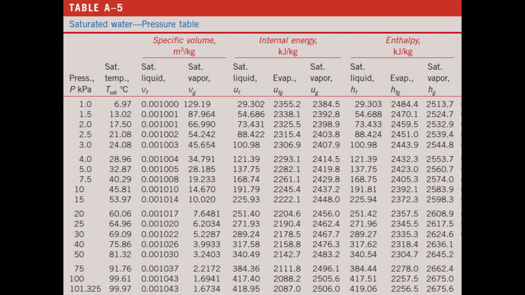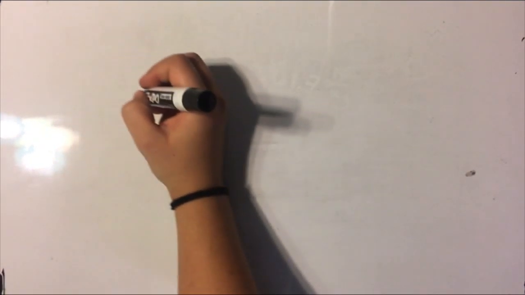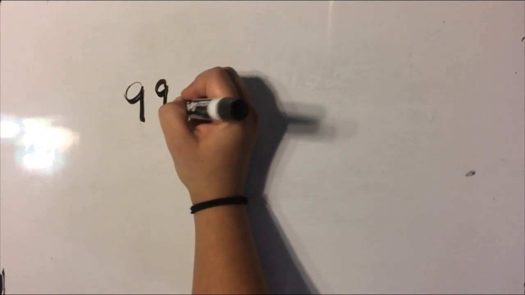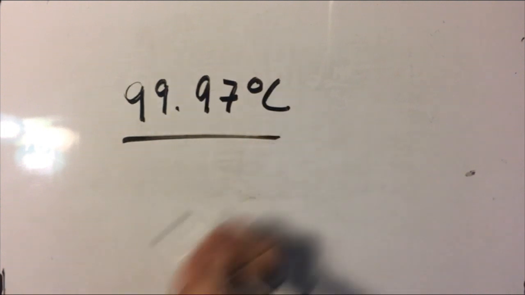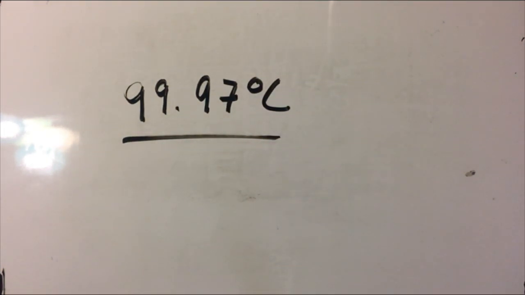So atmospheric pressure in kilopascals is 101.325 kilopascals, which you can see on the bottom of the table here. And then that gives us our temperature. So we know that our steam is going to exit the valve at 99.97 degrees C. So that gives us our answer for part A.